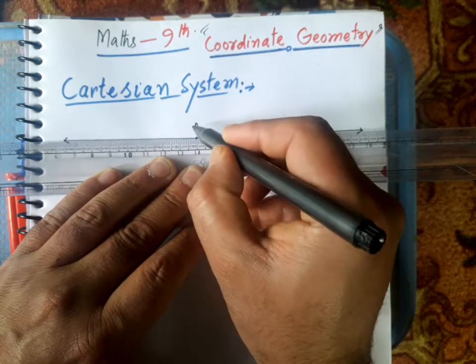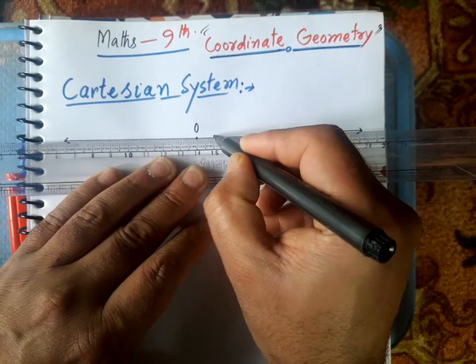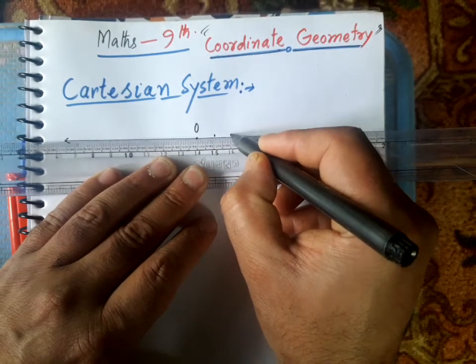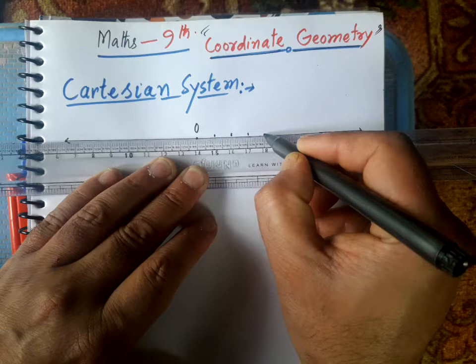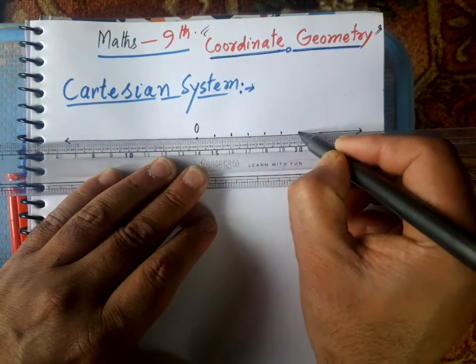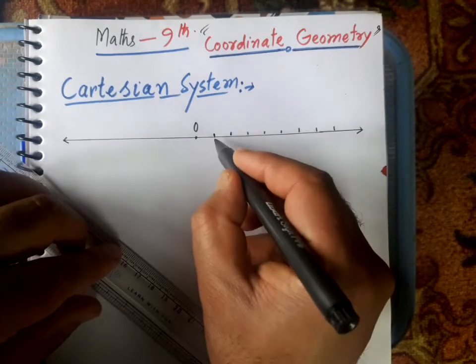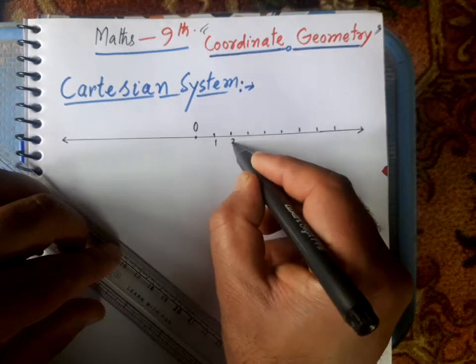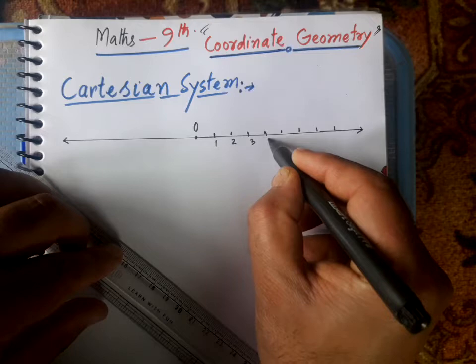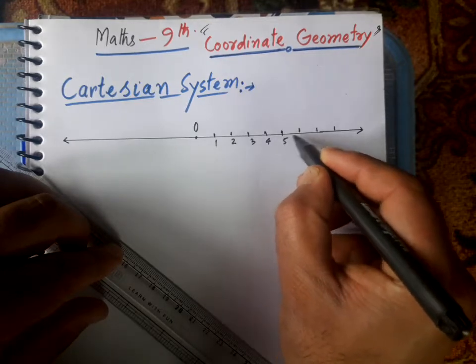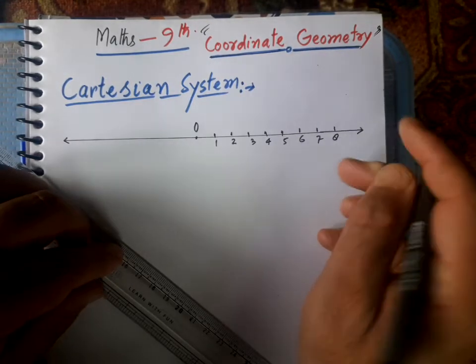So it is the origin, and the pointers are marked over here, equidistant pointers on the right hand side, and we mark them as 1, 2, 3, 4, 5, 6, 7, 8 and so on.